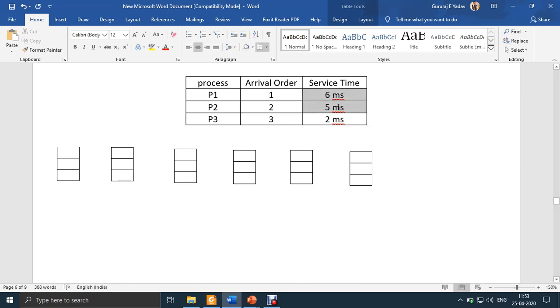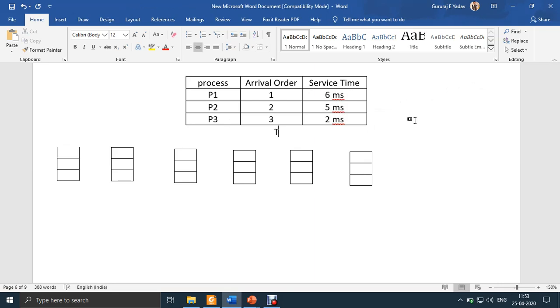And what are the service times? P1 service time is 6 milliseconds, P2 service time is 5 milliseconds, and P3 service time is 2 milliseconds. These are nothing but estimated completion times. We also have to decide on the time slot.